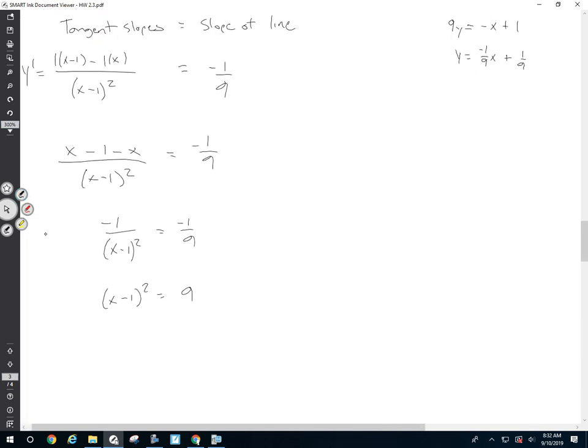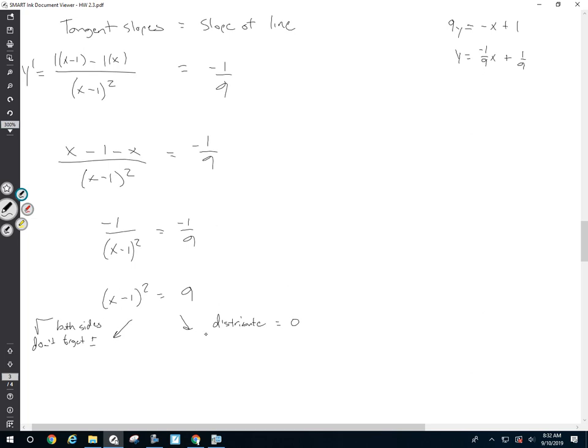We could either square root both sides. Don't forget the plus or minus, because it's the unknown squared. Or distribute everything, set it equal to 0, factor to solve.